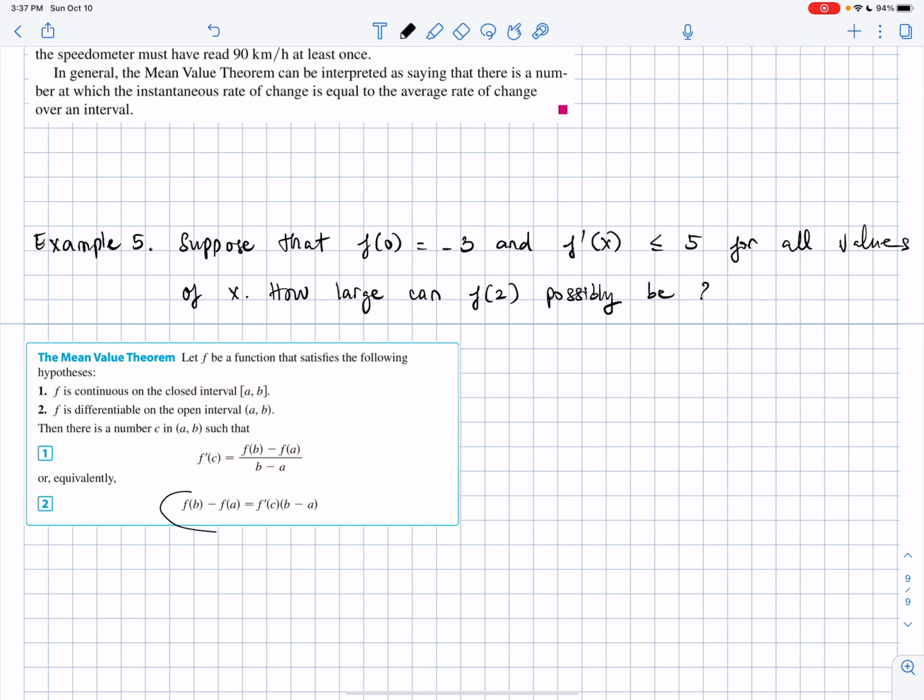So I'm going to use this one. So we will have f of 2 minus f of 0, considering the interval from 0 to 2, equals f prime of c times 2 minus 0. So we have b minus a.